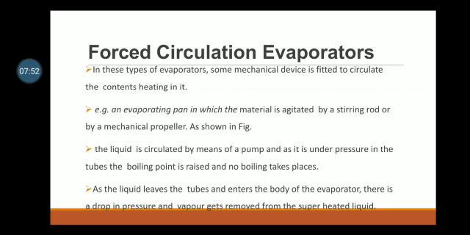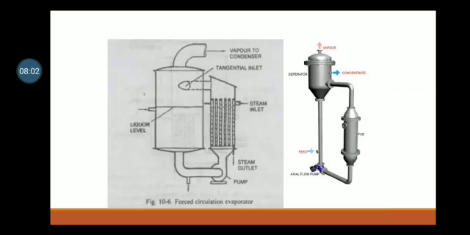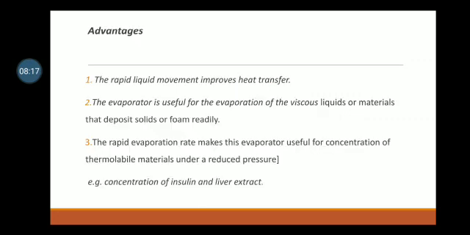As the liquid leaves the tubes and enters the body of the evaporator, there is a drop in pressure and vapor gets removed from the superheated liquid. This is a diagram of the forced circulation evaporator. It consists of separator, concentrate, FCE, feed and axial flow pump.